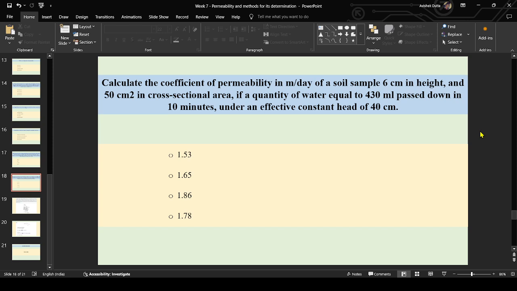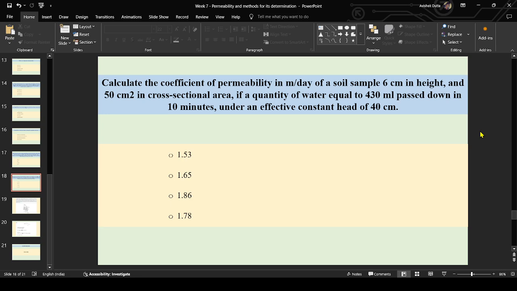Okay, so the height of the soil sample 6 centimeter, the cross sectional area is 50 centimeter square, the quantity of water was 430 ml, time taken for it to pass down was 10 minutes, and the constant head during this passing down of the water was 40 centimeter. So you have to find out the coefficient of permeability in meter per day.